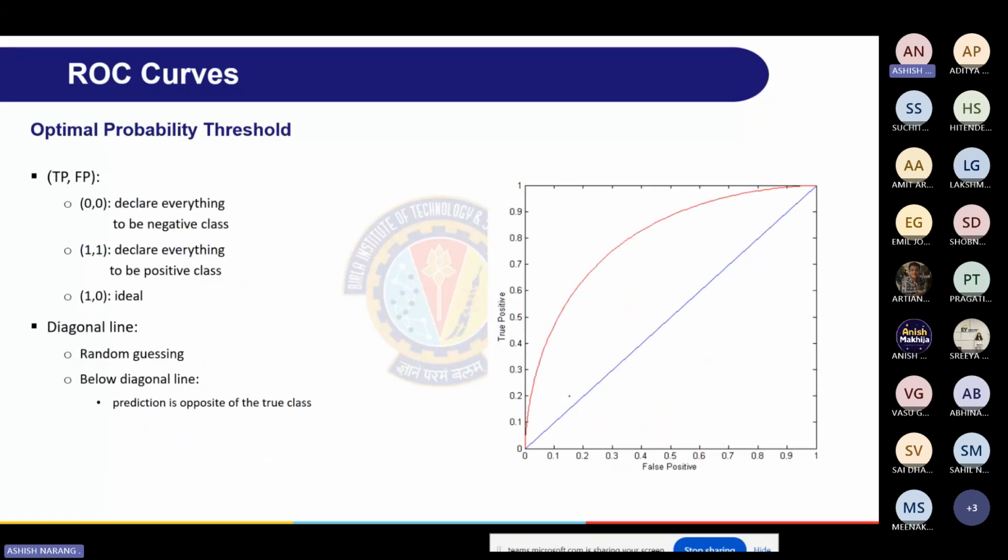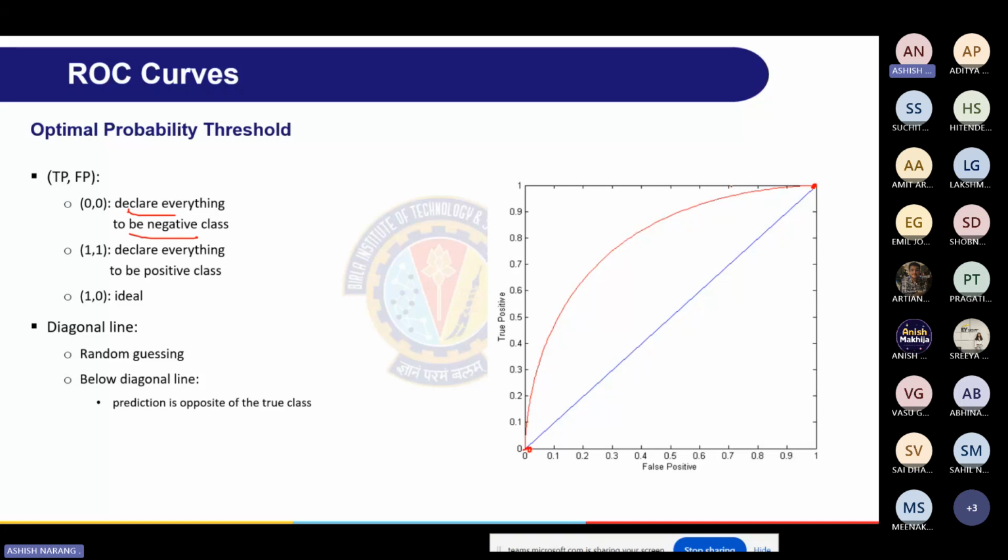Look at this, again the same diagram. The point (0, 0) declares everything to be negative. There is no positive class. The point (1, 1) says everything is positive. There is no negative.